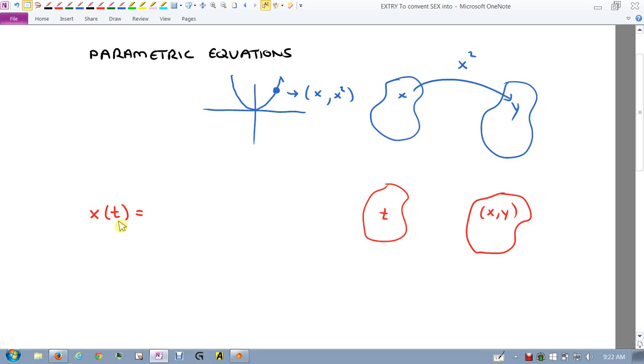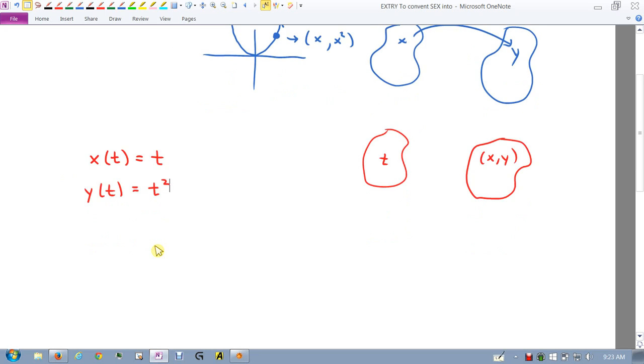We want the x to always be the thing we're plugging in, right? Because this x coordinate was always the thing we plugged in, x. So I'm going to call it t. What do we want the y coordinate to be? Whatever I plugged in squared, right? Which in this case would be t squared. So if I let the x coordinate be t, I let the y coordinate be t squared, I should draw the exact same thing.